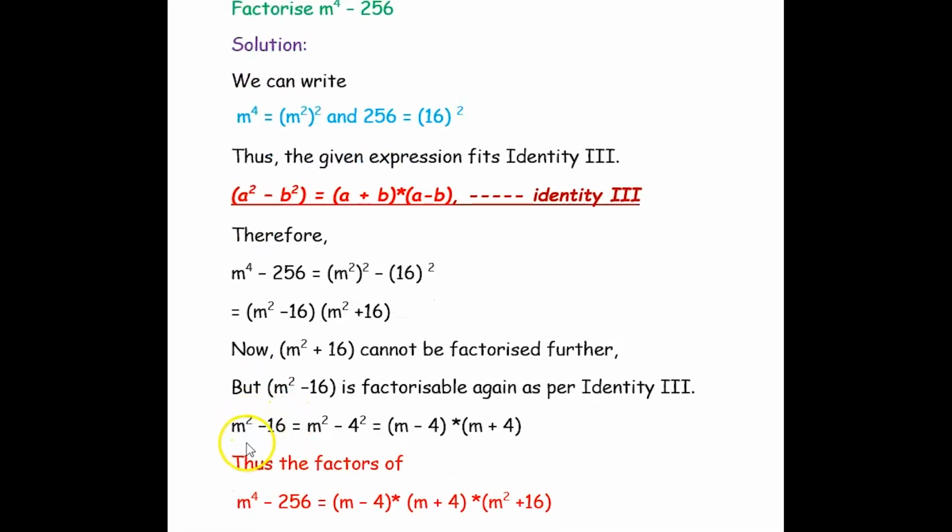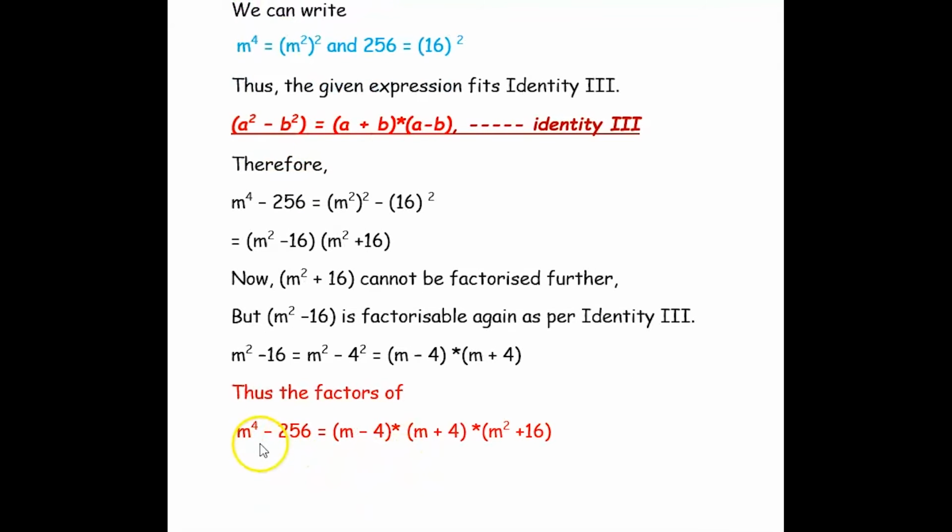It can be expressed as m squared minus 4 square. Again it is of the form a square minus b square, so we can write it as a plus b into a minus b, that is m plus 4 into m minus 4, or m minus 4 into m plus 4.